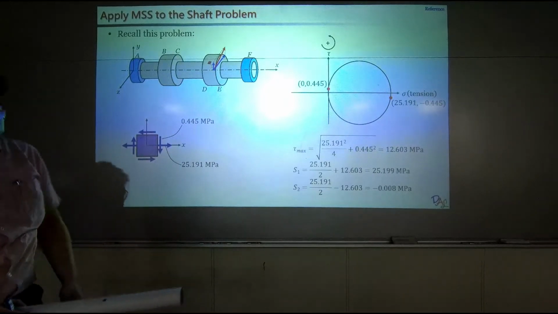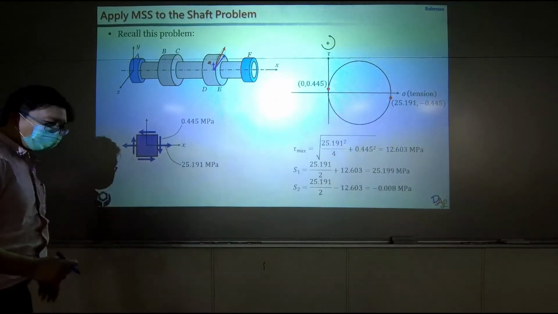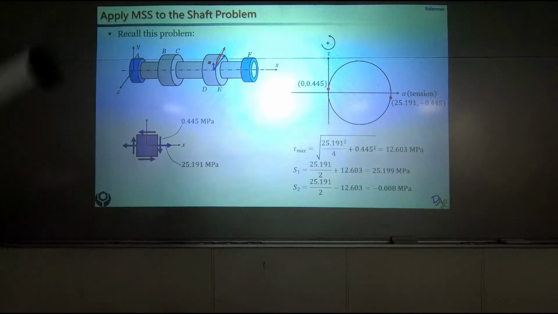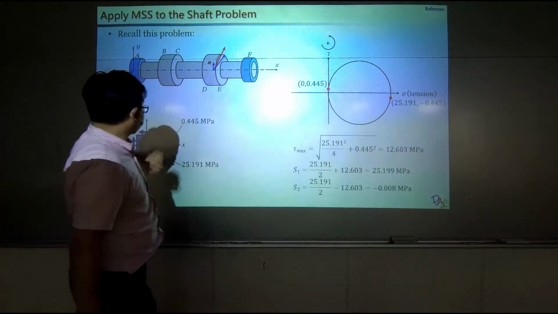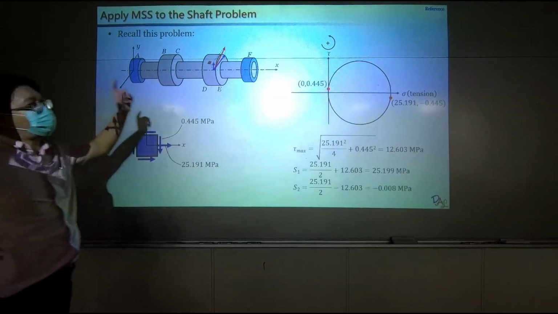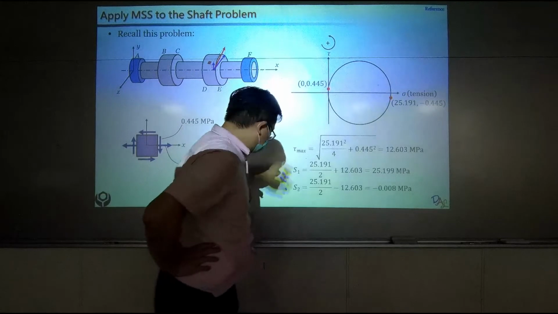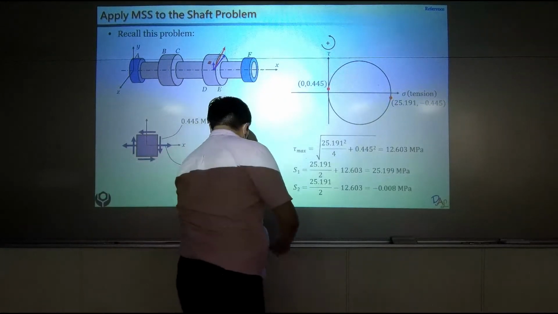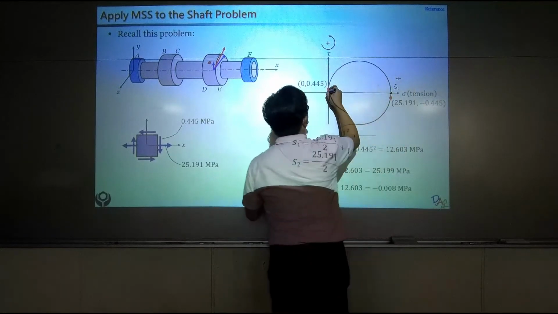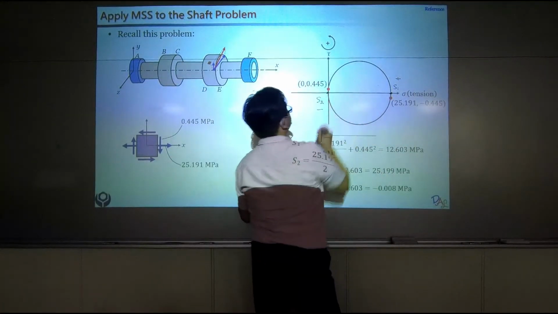Anyway, I'm not sure if you can visualize this better. That's why I tried to draw this. On that particular point, that's where we have our load condition, and we draw this Mohr circle. In this case, we have our S1 right here. It's positive, and S2 right here is negative.